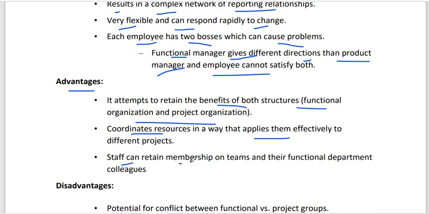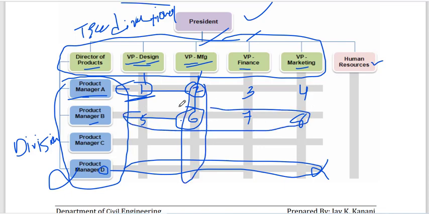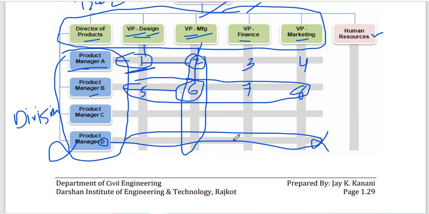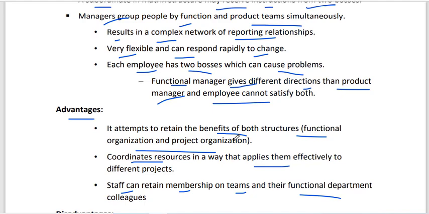Staff can retain membership on teams and in their functional department with colleagues. So these six employees also work with the manufacturing department and the product manager department. So staff can work in two departments, the functional department as well as the product department.